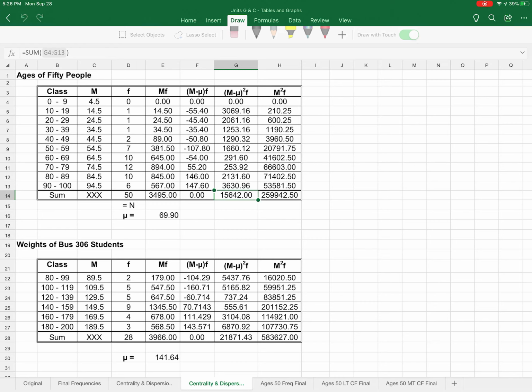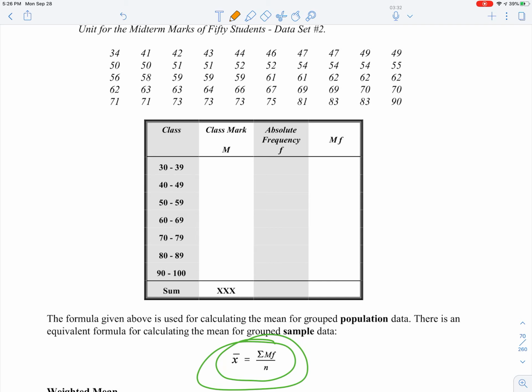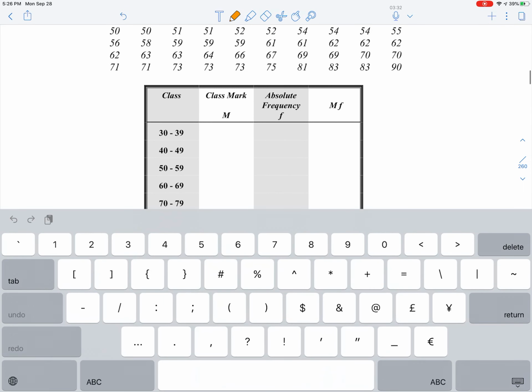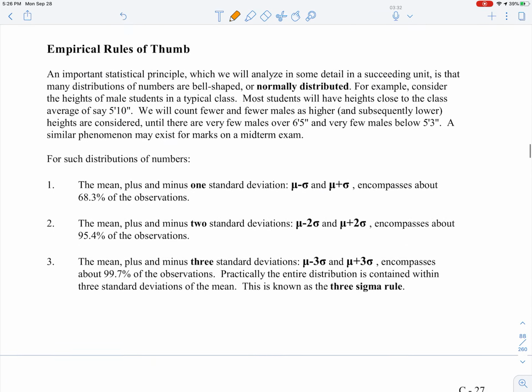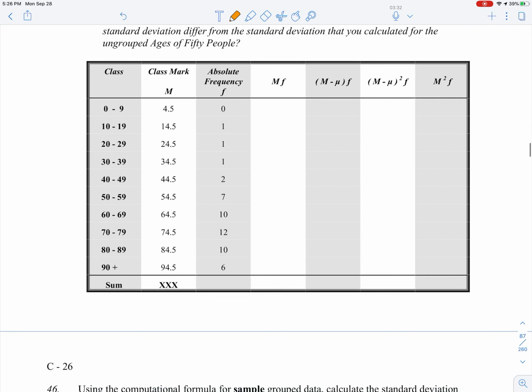So let's take a look at that. Oops, we have to go back to the right page here. So what we did in this particular case, we're talking about this particular column down here, and we came to a number which was 15,642.